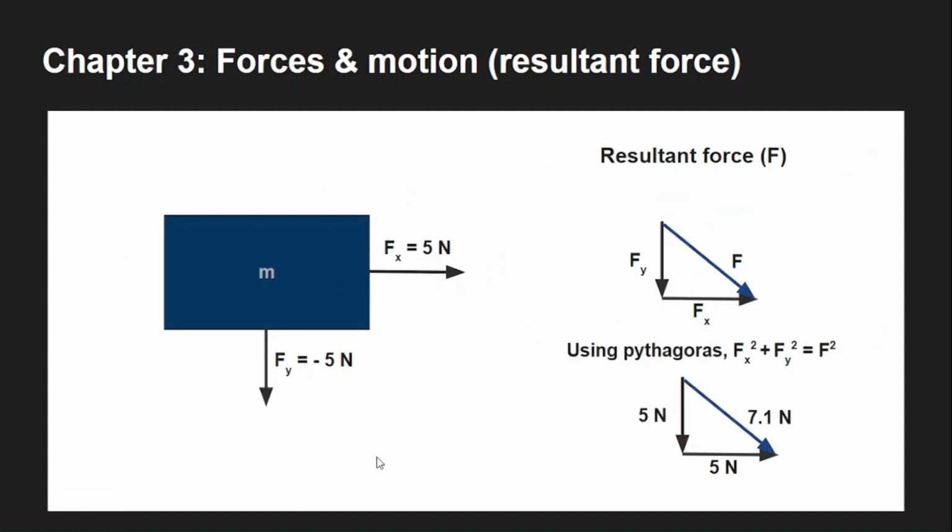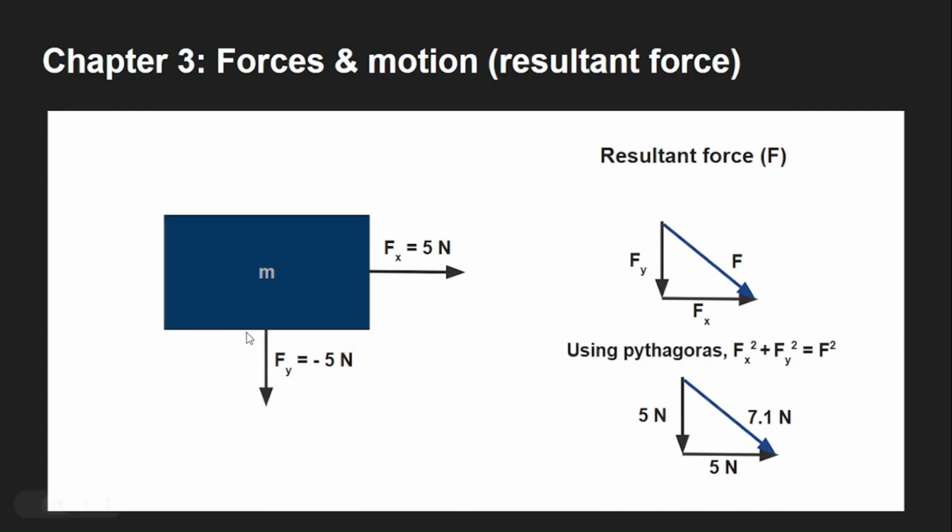So here we want to try and find the resultant force, which is the net total force. That is, it's irrespective of whether it's horizontal or vertical. It's like the net force, what direction does it act in? So the first step to be able to do this is to create this vector triangle. We start off with one vector.